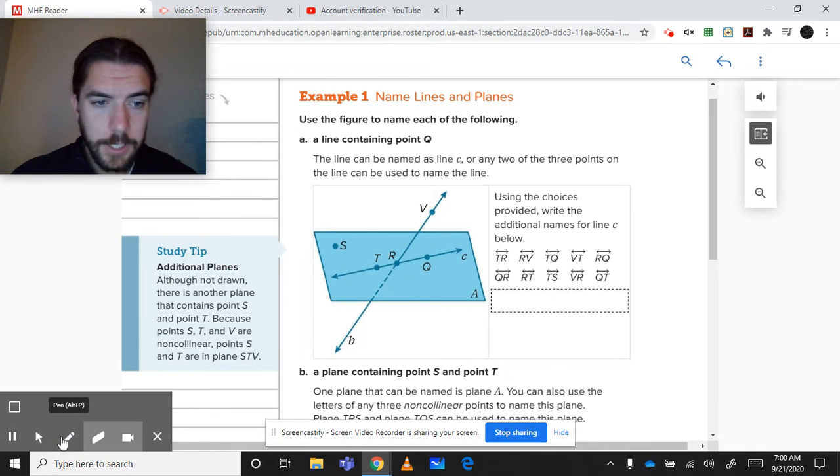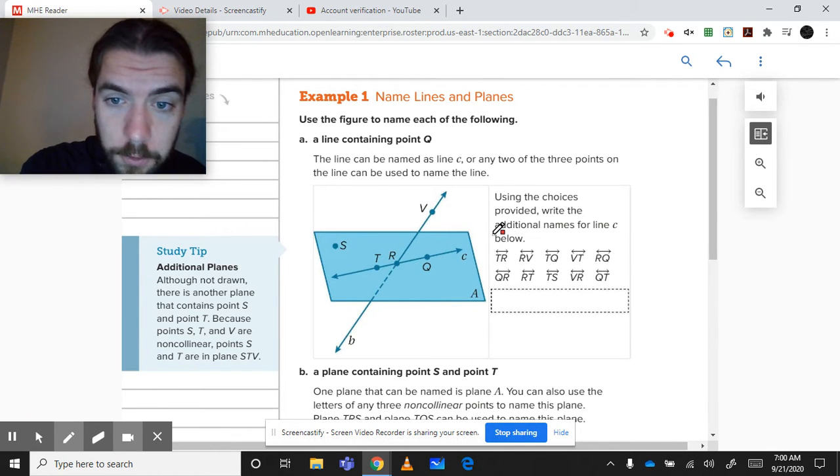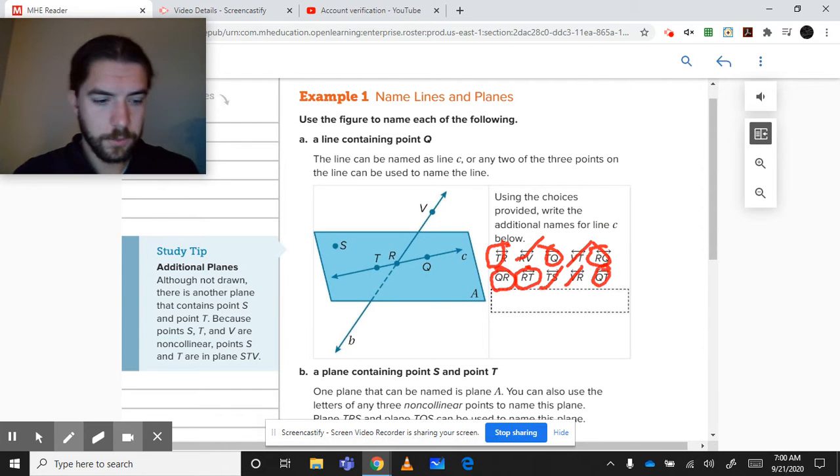So as long as our name contains two of these letters, T, R, and Q, any two of those, so T and R, not R and V, T and Q, not V and T, R and Q, Q and R, and T, not T and S, not V and R. Okay, so which ones did I mark off?